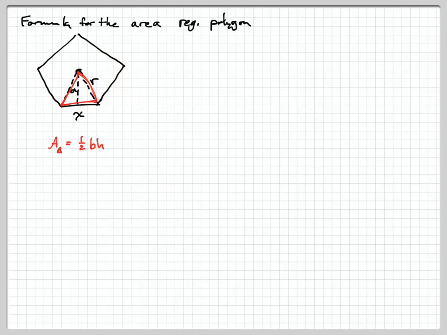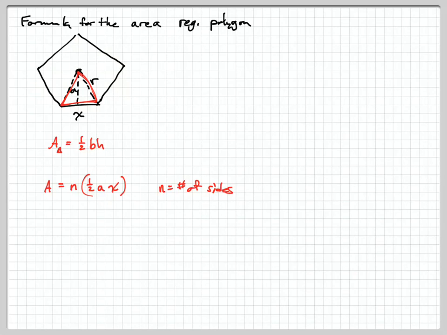In this case, the area of this polygon is going to be 1/2 times the a, because the apothem is the height, times the base, which is x. And then there are 5 triangles, so we multiply this by 5, or you can say the number of sides. Before we said the number of sides was n in a previous concept. So we'll say right here n equals number of sides.